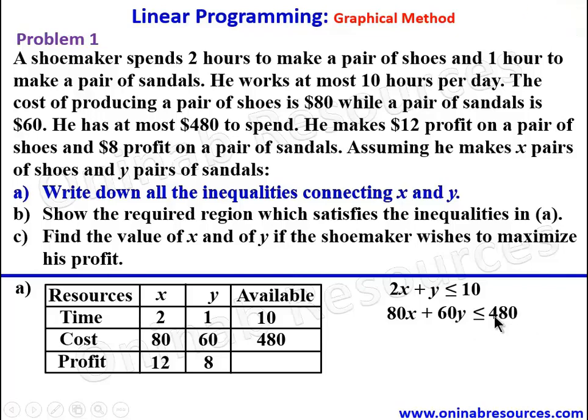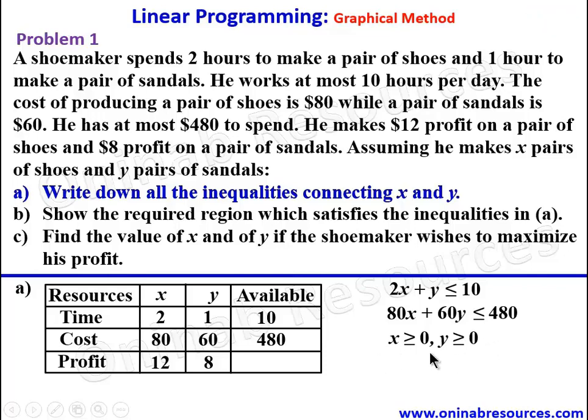He either uses all the $480 or less, but he cannot spend more than $480. And for your information, he may decide not to produce any shoe. So we are going to have x greater than or equal to 0. And in the same way, he may decide not to produce any pair of sandals. So we have y greater than or equal to 0.